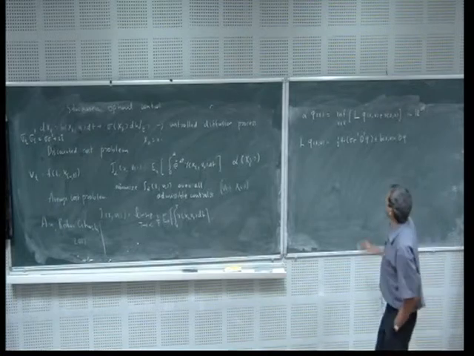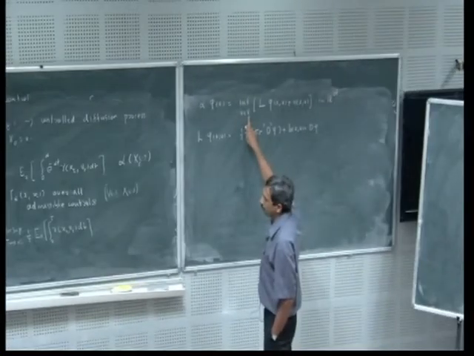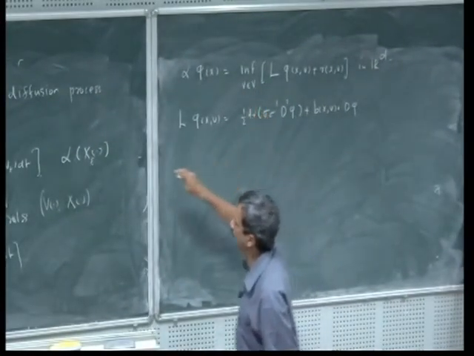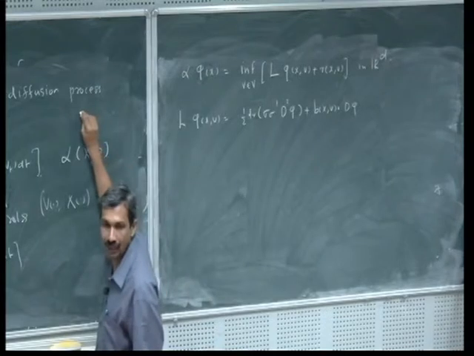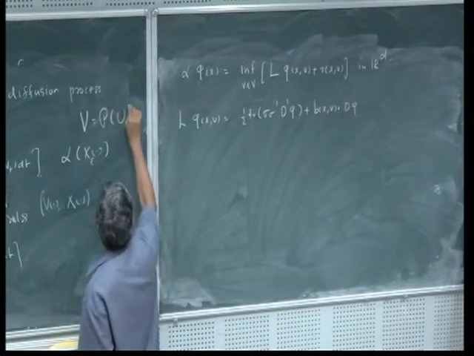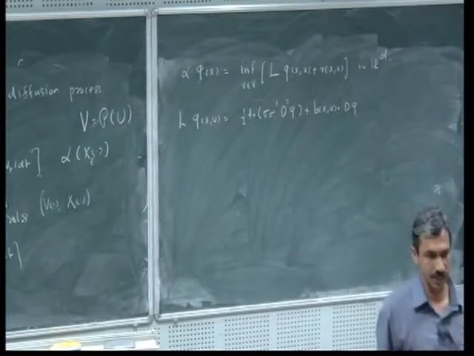And there is one difference in notation I am using. Here I am taking small v from capital V, and what is the capital V? I am just using the relaxed control setup. So V is going to be P of U, all the probability measures on the action set U.